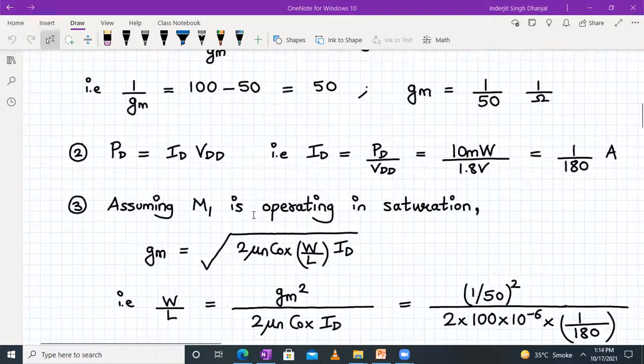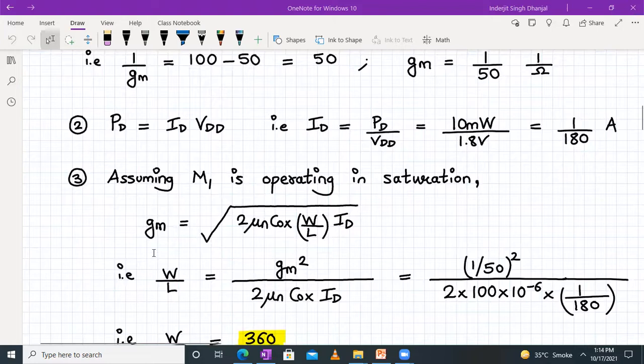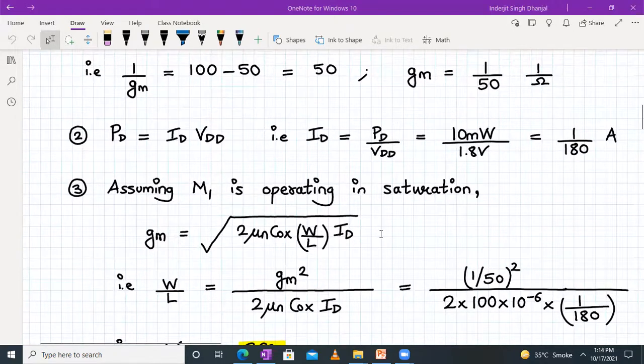If M1 is assumed to be in saturation, we can write the gm formula as the square root of twice mu n Cox W over L into ID. The mu n Cox value is known to us, gm we found to be 1 upon 50, and ID we found to be 1 upon 180.